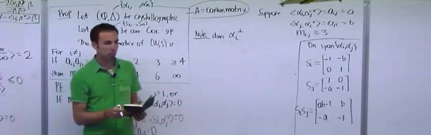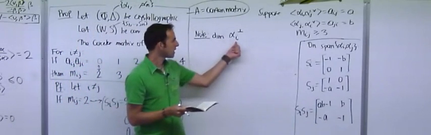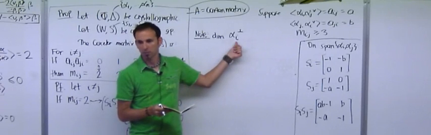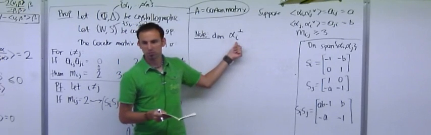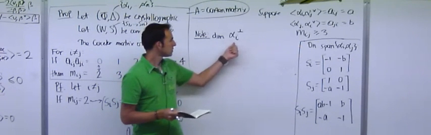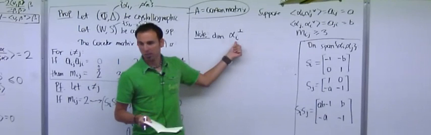Well, what do I mean by this? I mean I'm looking for the vectors in this space that are perpendicular to alpha i according to this bilinear form. Well, if this was Euclidean, then it would be n minus 1.